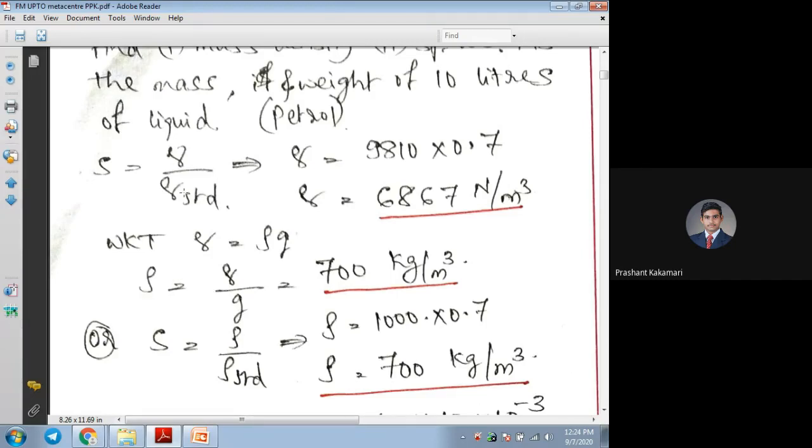This I will multiply with the specific gravity of the petrol, 0.7. If I multiply, how much will be the answer? That is gamma of the given fluid, which means it is the weight density of the petrol or the specific weight of the petrol. I should get 6867 Newton per meter cube. You check the value, is it correct?